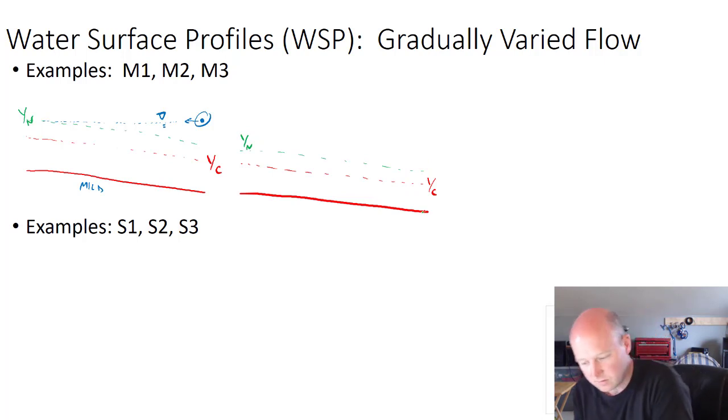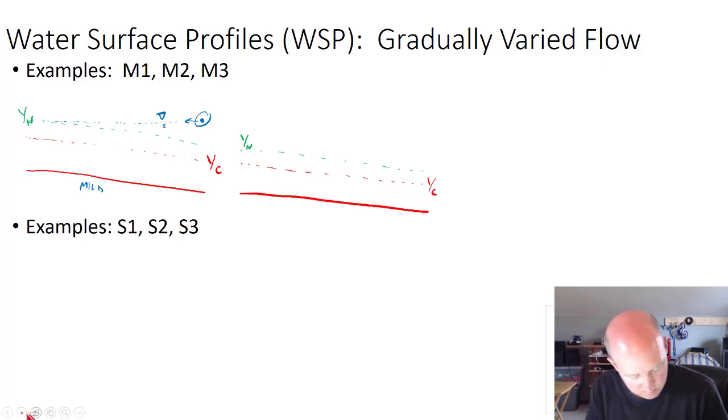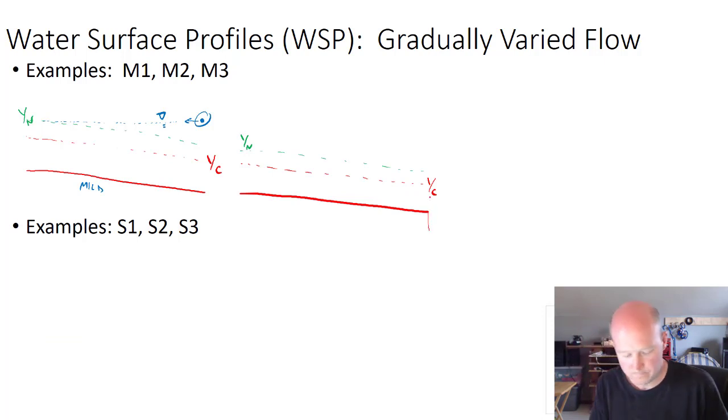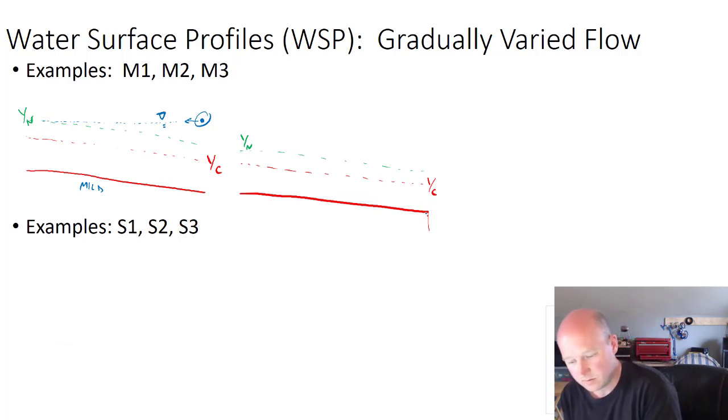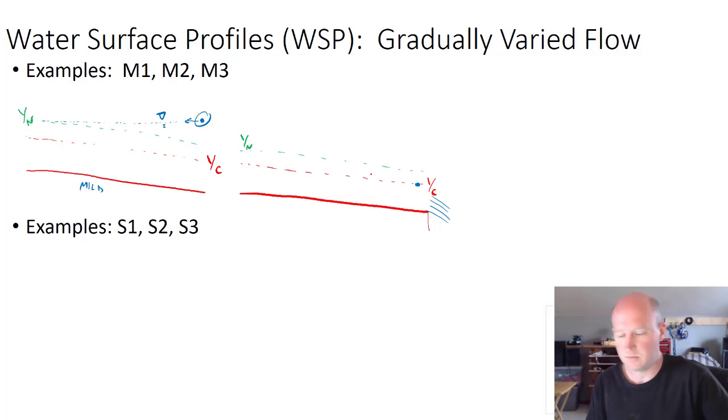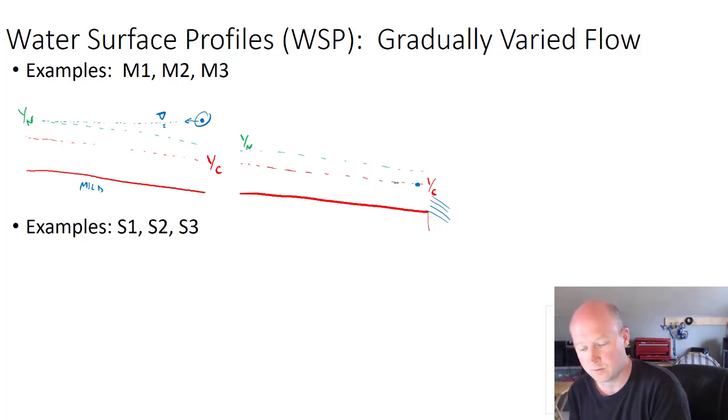So let's say that this slope actually gets steeper. Well, let's just say there's a waterfall. And so this water is going to sort of race off this. And what it's going to end up doing is going over the waterfall right at critical, just a little bit before the edge of the waterfall. It goes through critical. And so we know this point now.